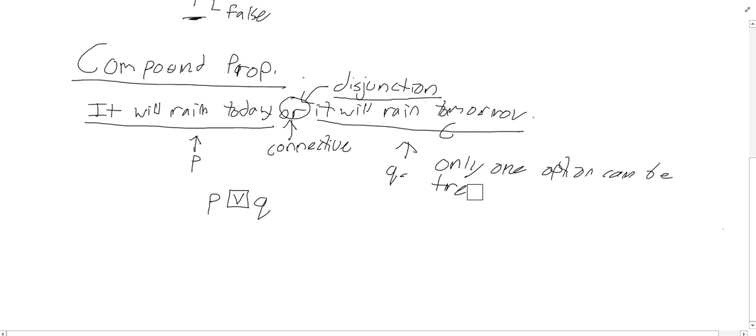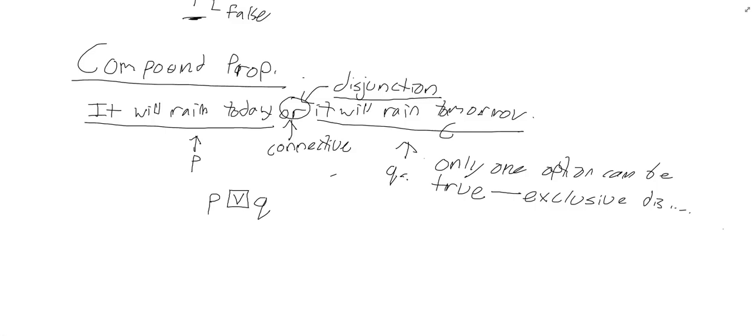All right, so the case where only one option can be true, that's known as an exclusive disjunction. Or it could be it will rain today, or it'll rain tomorrow, but it could rain both days too. And that meaning is known as an inclusive.